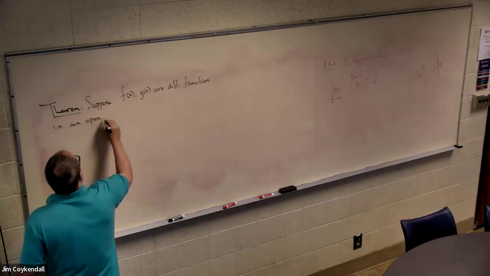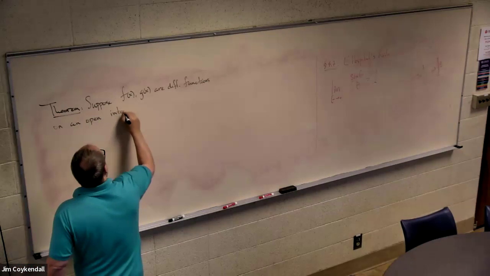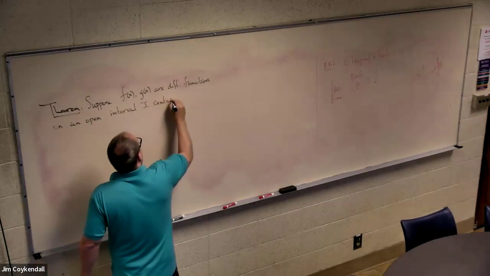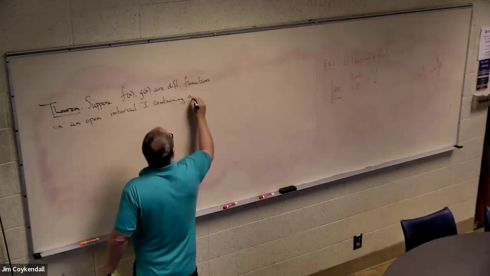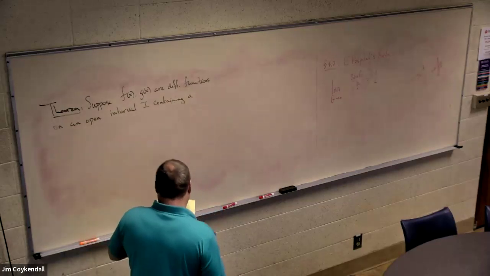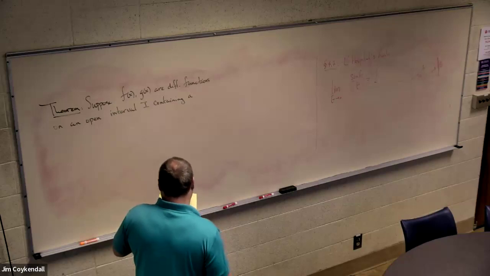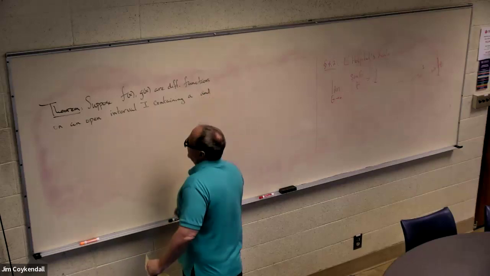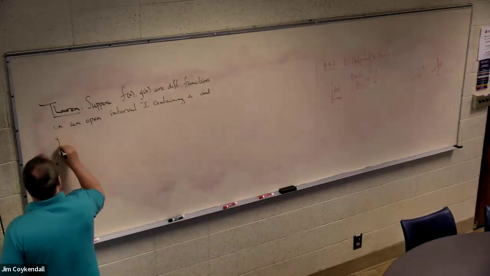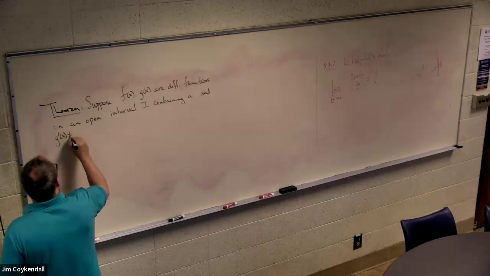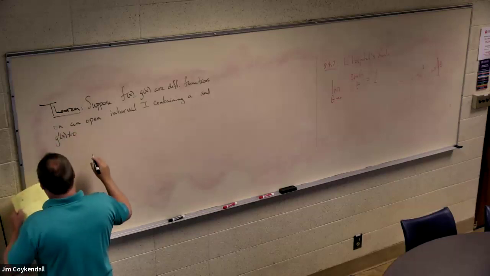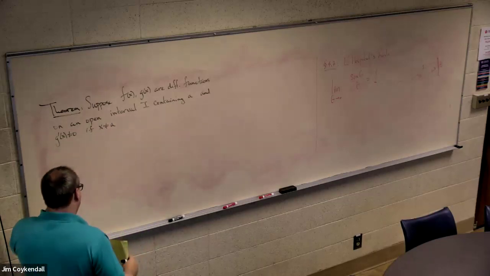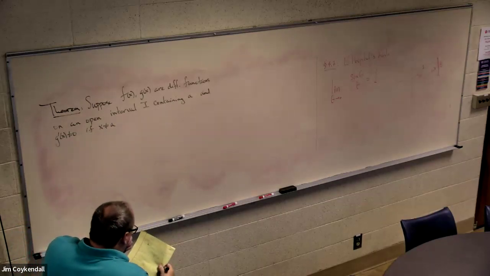I assume they're differentiable on an open interval I containing a, and we'll assume that g prime of x is not 0 if x is not equal to a in this interval.